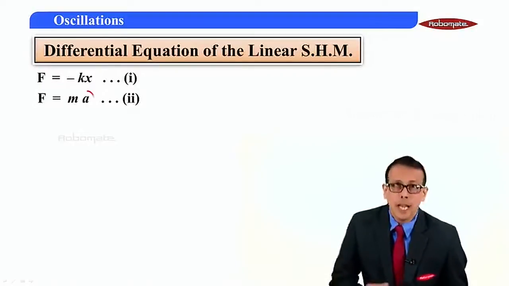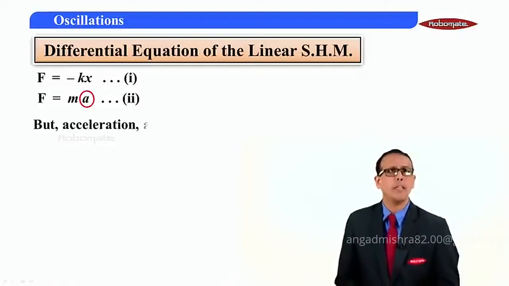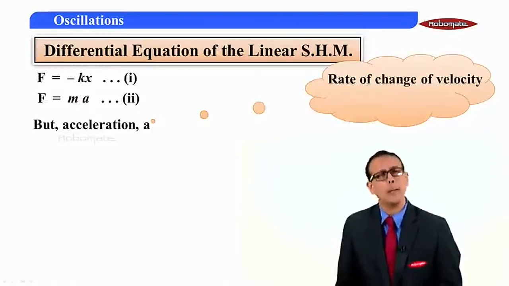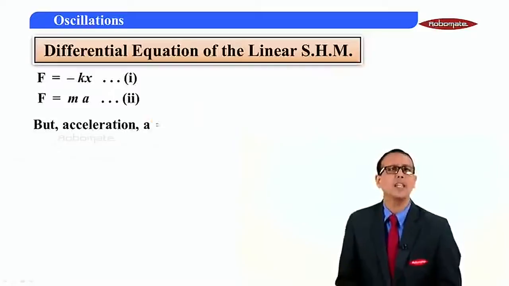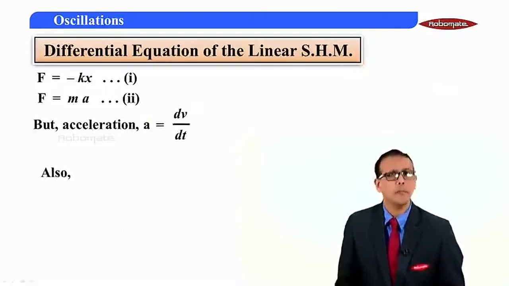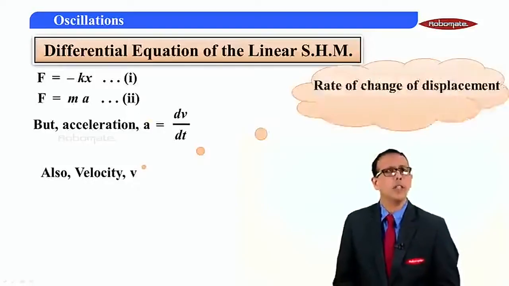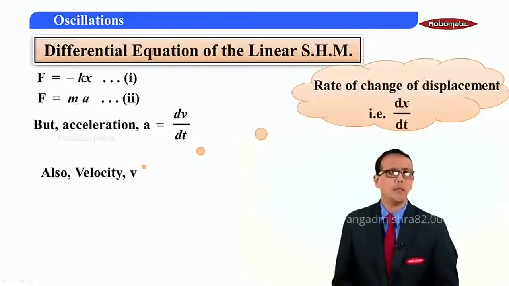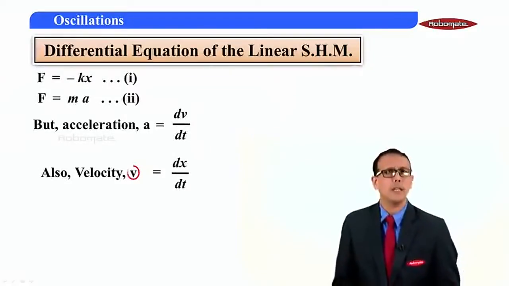Let's move ahead. Now, acceleration in the second formula is given by the basic definition, rate of change of velocity. In mathematical form, it is dv by dt. So let us write a as dv by dt. Also, velocity is given by the definition rate of change of displacement, that is dx by dt. So let's write the formula, v is equal to dx by dt.